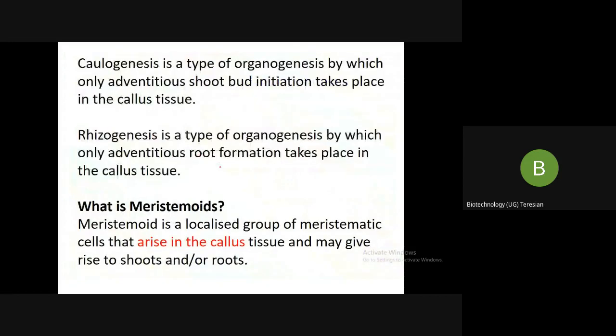Another terminology is caulogenesis. Caulogenesis is the type of organogenesis by which only adventitious shoot bud initiation takes place. Only the shoot is developed, from the callus, by adding your nutrient, cytokinin. What is rhizogenesis? It is a type of organogenesis by which only adventitious root formation takes place in the callus.